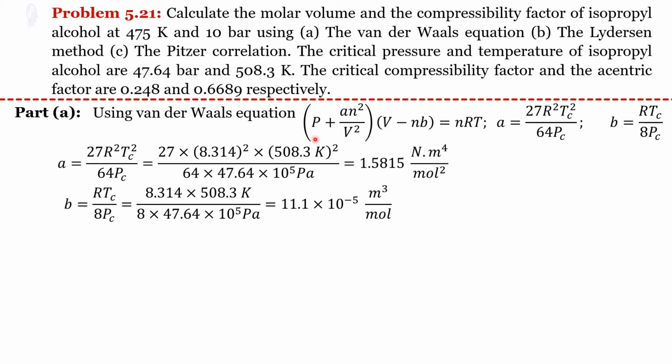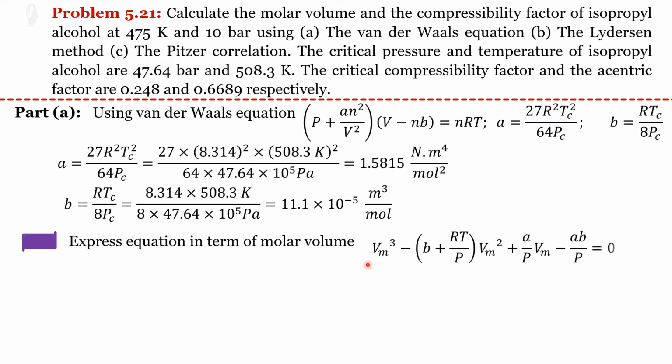Now we can express this equation in terms of molar volume. We have expressed the above equation in terms of molar volume. Now all values are known: b we have estimated, and T and P are given in the problem. So we can simplify this equation.